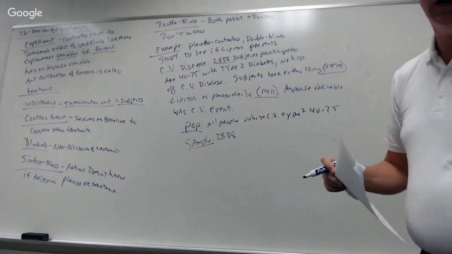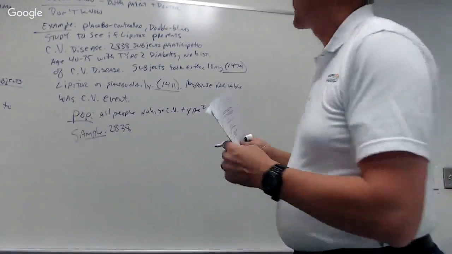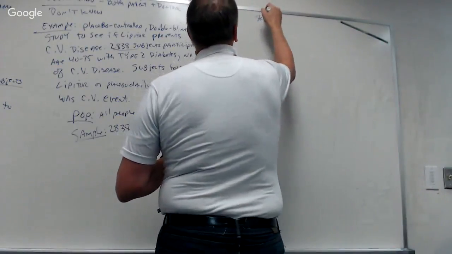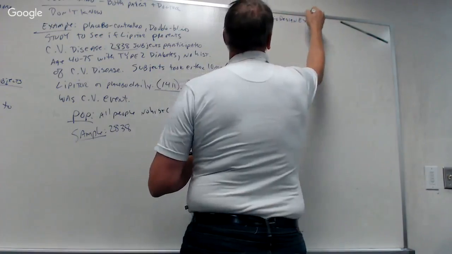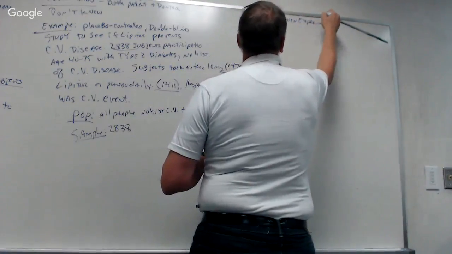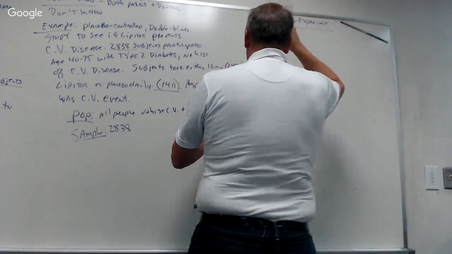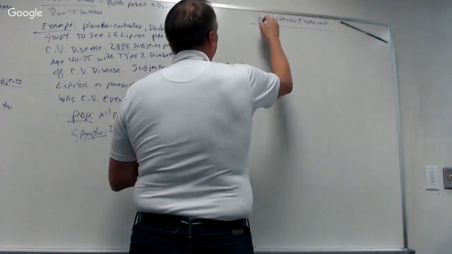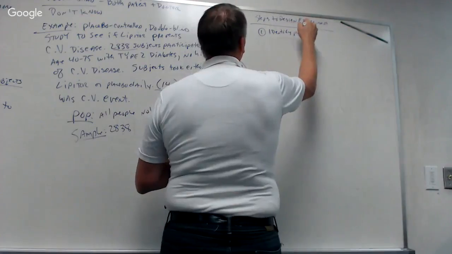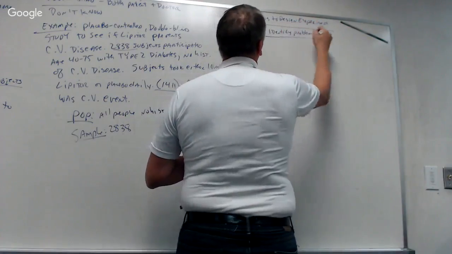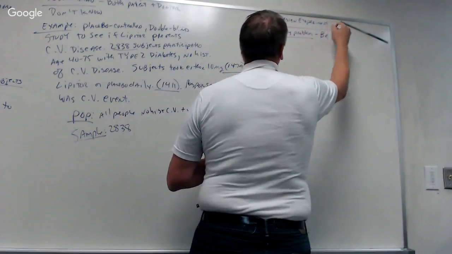All right, so let's talk about steps to design an experiment. Number one, you have to identify the problem, and you need to be explicit.